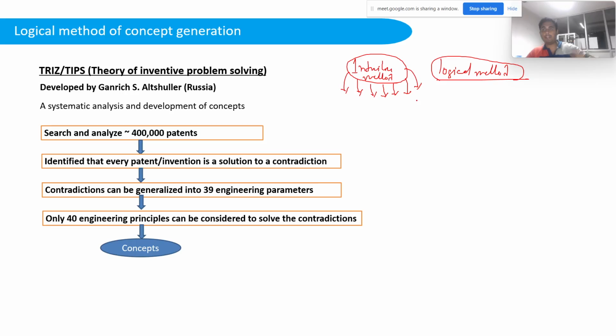So you need to have a team having diversified domain expertise. That is the same thing you also require in a logical method.